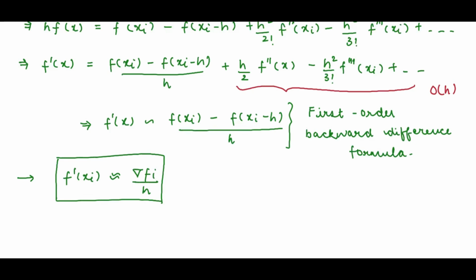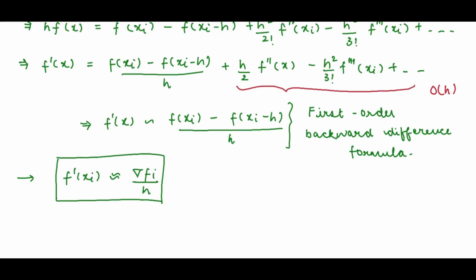And now the central difference, where f dash xi is approximately f of i plus 1 minus f of i minus 1 divided by twice h, and the error is of order h square. So the central difference has a higher order of accuracy than the basic forward and backward formulas.